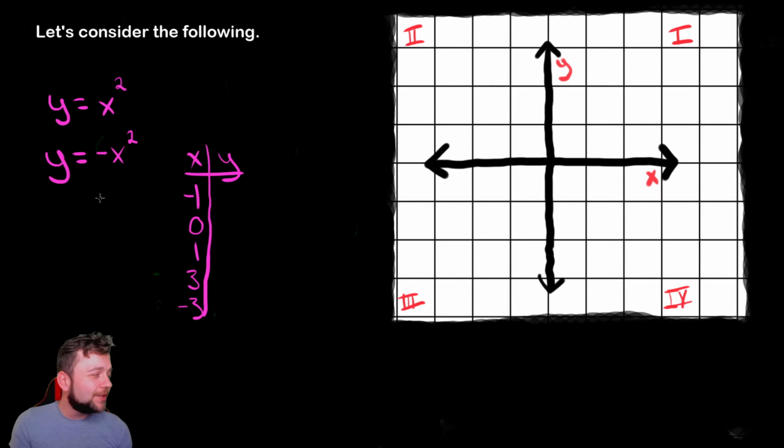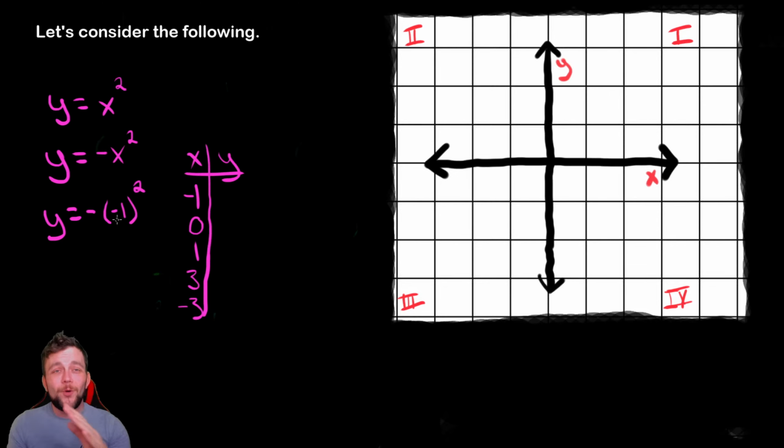But what happens when we plug in -1 for our x? Well, we get y equals negative sign, -1 squared. So what is -1 times -1? It's a +1, but then it gets hit again, right?